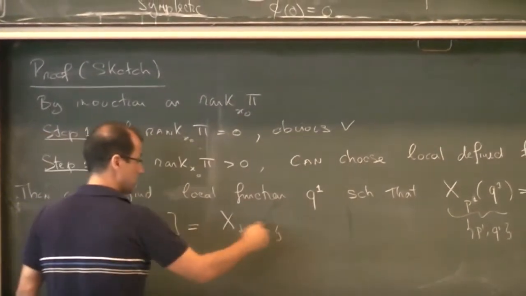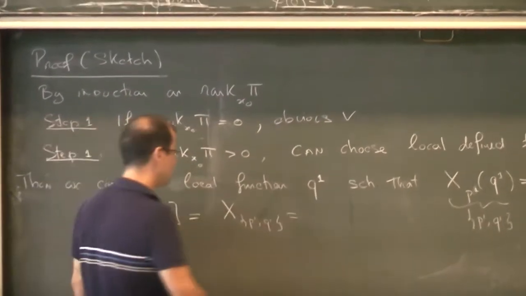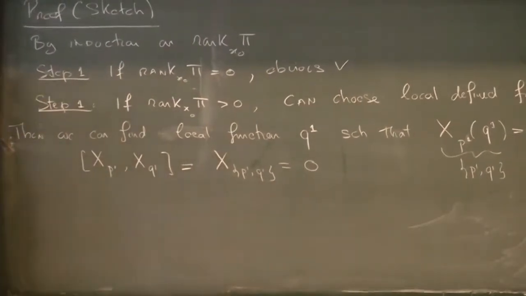So this is 1, and the Hamiltonian vector field associated with the constant function is 0, so this is 0. So these two vector fields commute.